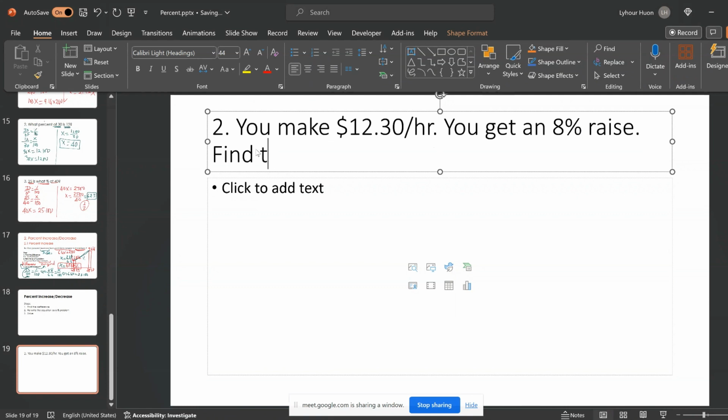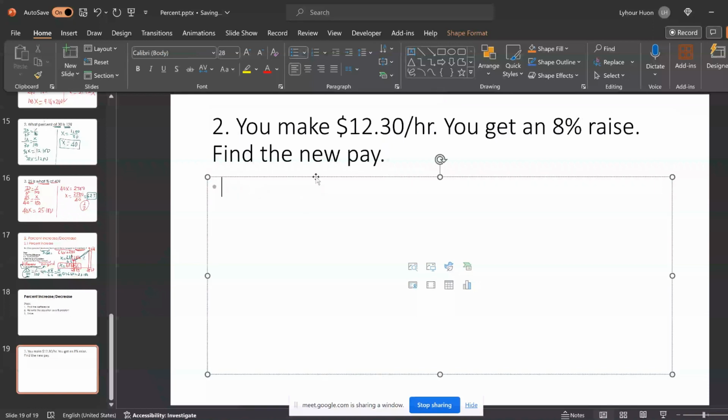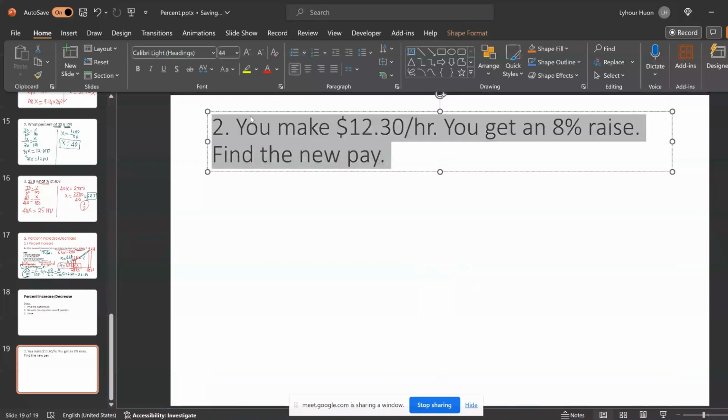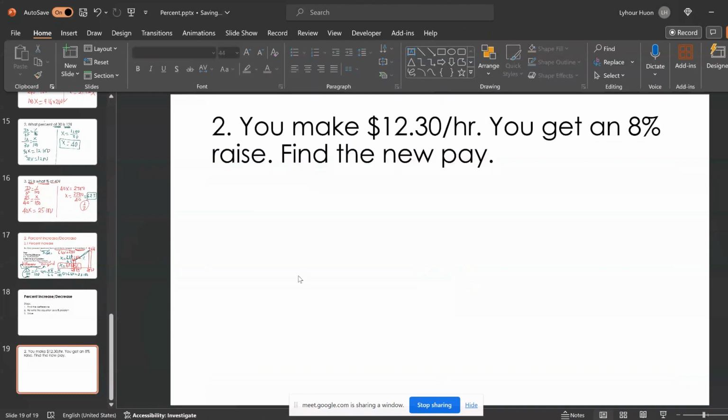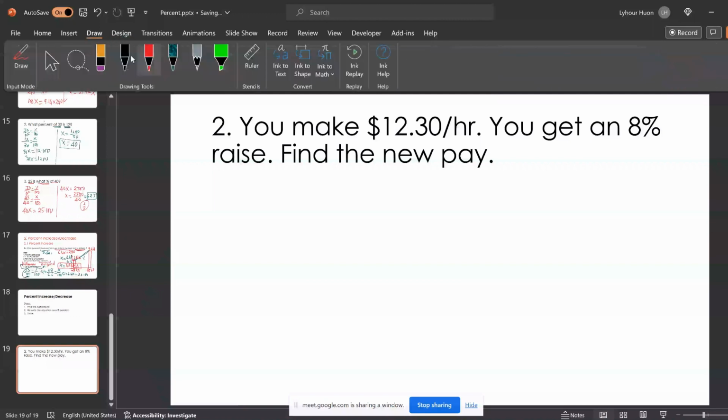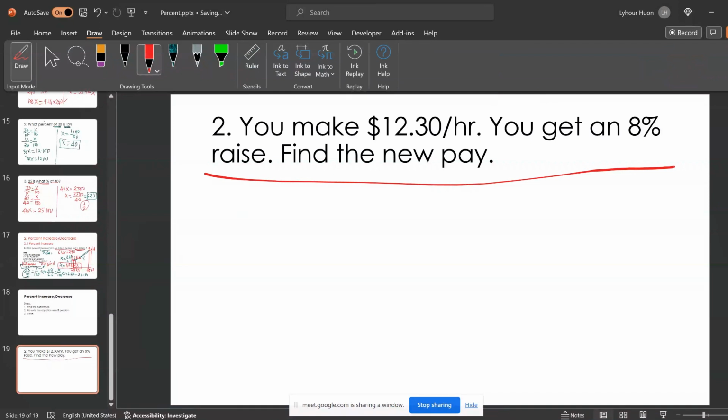Find the new pay. From this exercise, finding the new pay means finding the salary that you make after you get raised.